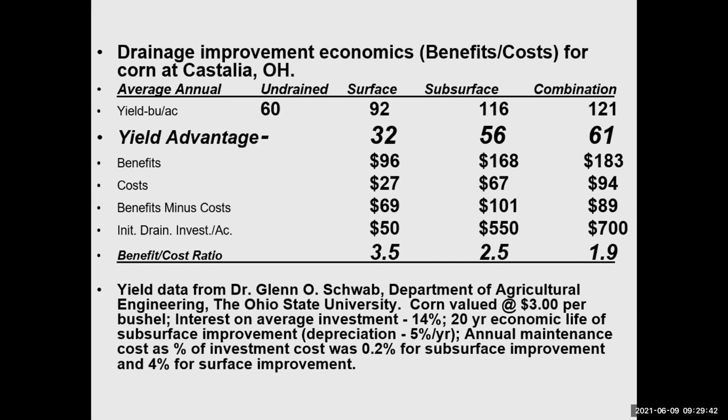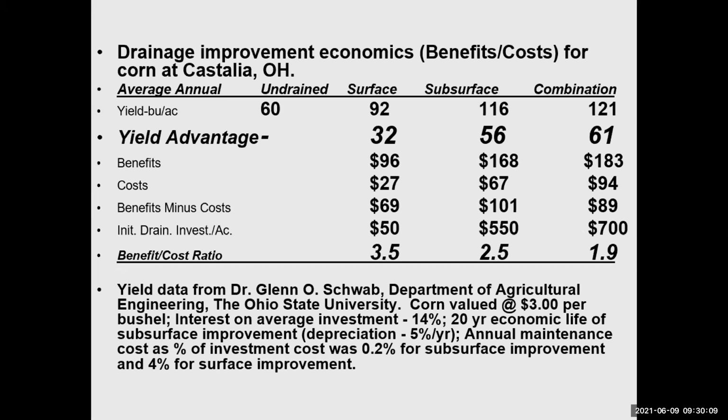He had a surface drainage improvement, a subsurface drainage improvement, and then plots that had the combination of surface and subsurface drainage. The yield advantage is the larger number under the second line under the bar: 32, 56, and 61 bushels per acre advantage over doing nothing, or the undrained case.